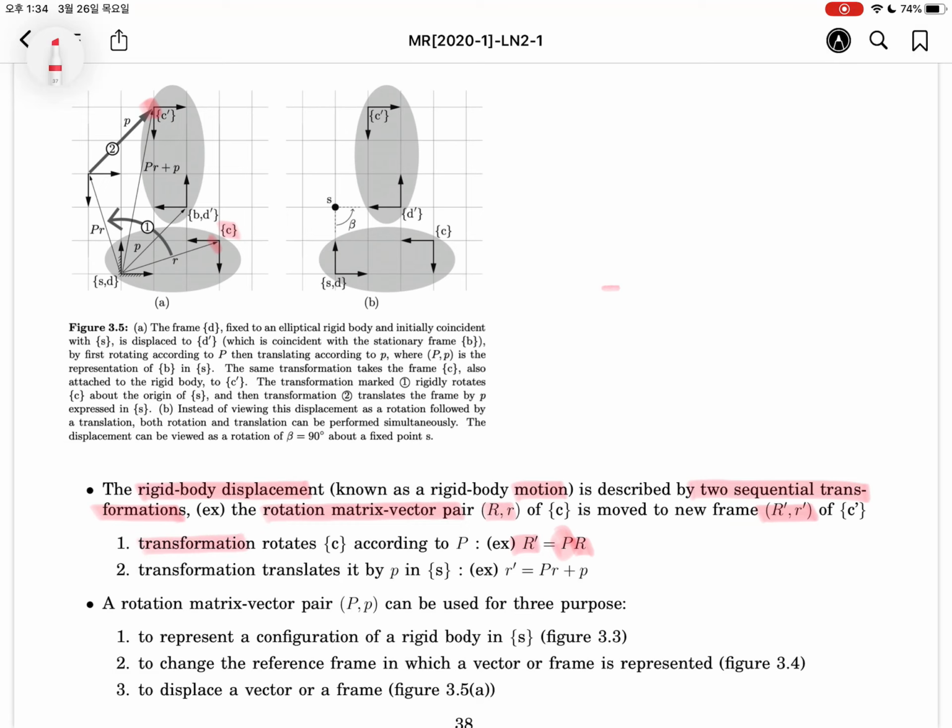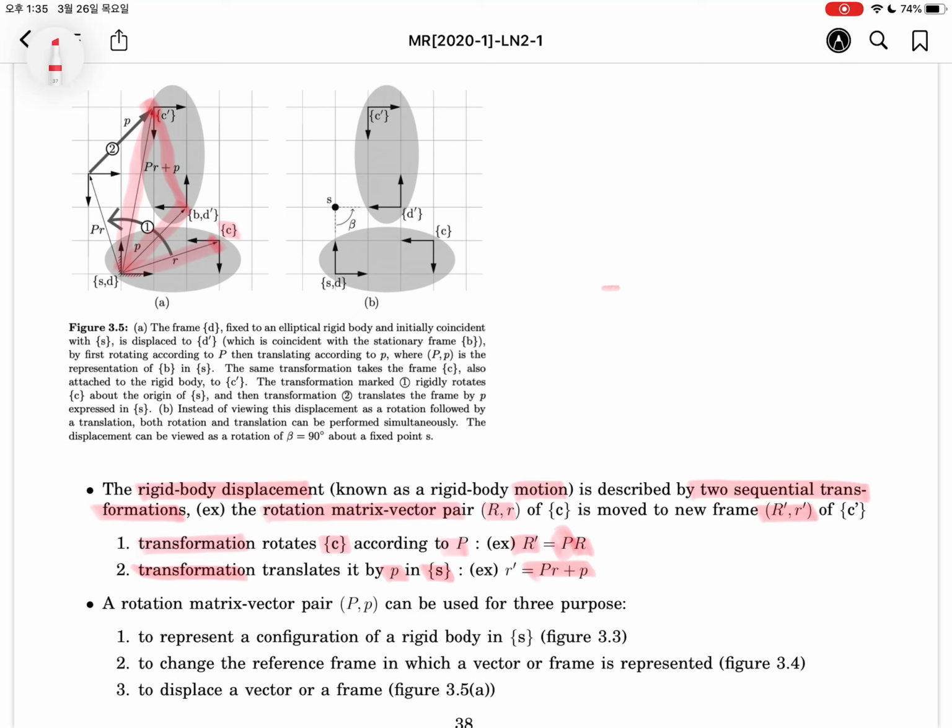So the transformation rotates the base frame at C according to P. On the other hand, the transformation will translate it by p in S. Here is this r vector. By multiplying the P matrix, we will get this one. This is equal to Pr in terms of the S. By adding p, by vector sum, we can get this vector that is equal to this one.